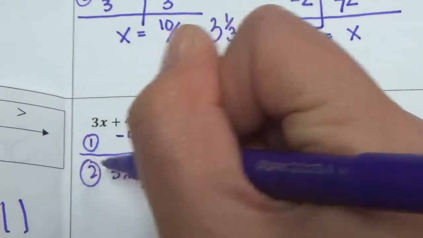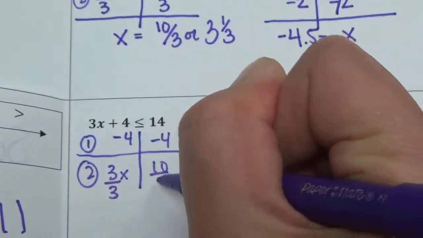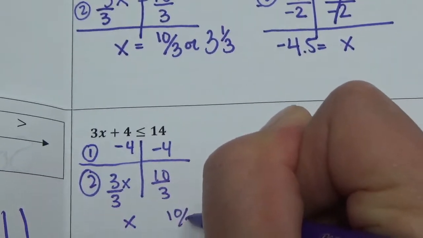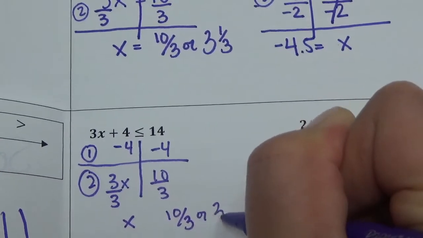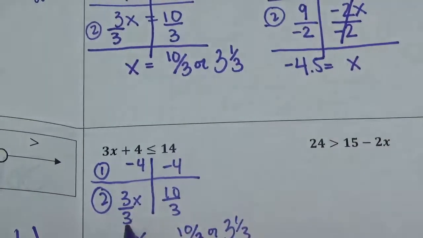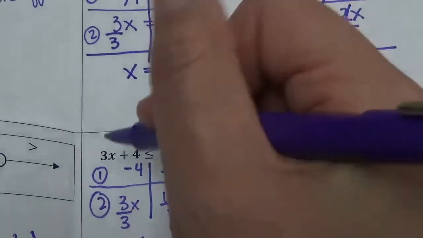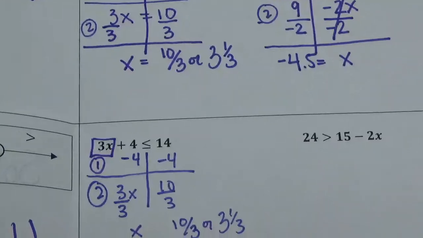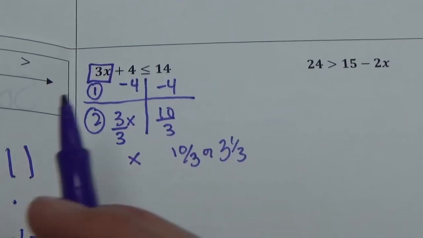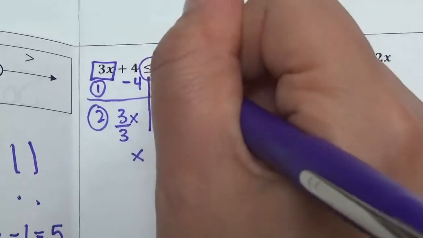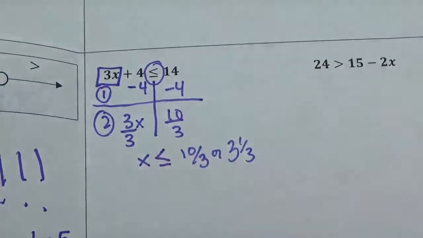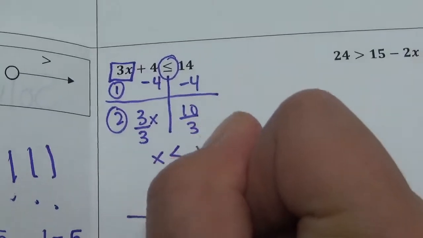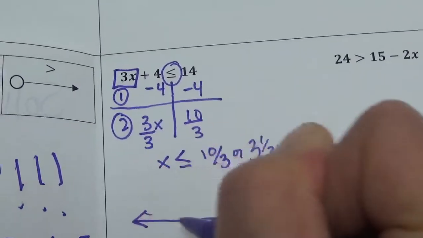Step 2 is still going to be divide by the rate or the coefficient. We have x, and we have 10/3 or 3 1/3. And right here, my coefficient is positive. So to flip or not to flip? My answer would be not flip. I'm going to just bring down that symbol right down below. Now let's go ahead and graph it, but we're just going to do a real simple number line.